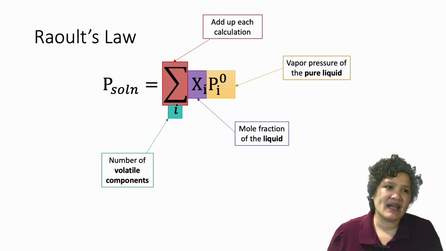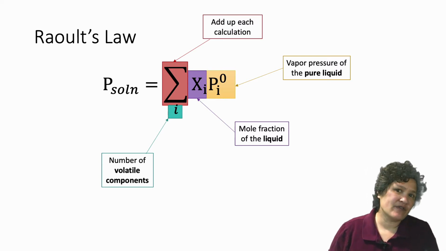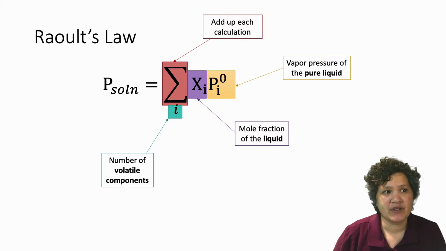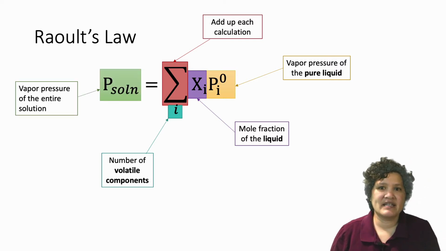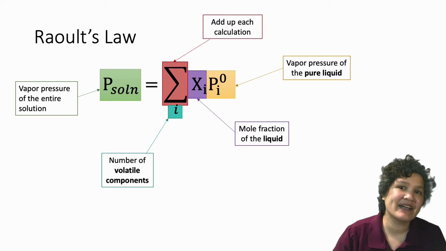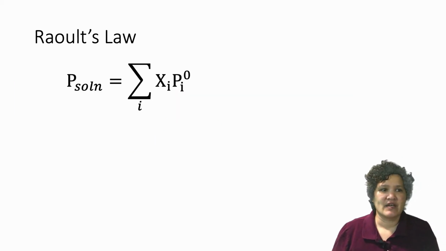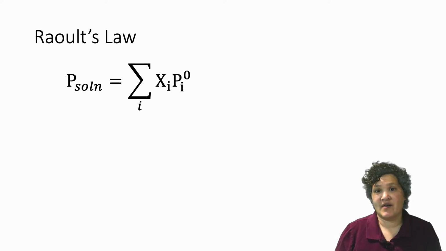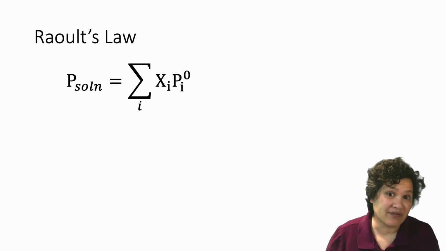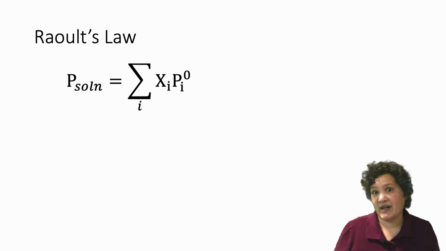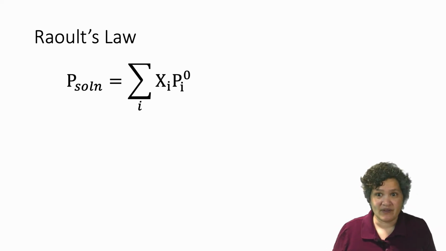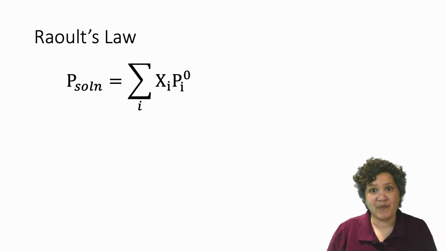So if you do those calculations for every volatile liquid and you add it up, what you're going to get is the vapor pressure of the entire solution. Again, this is the sum of any number of volatile things. We could have 10 or 20 different liquids at a time that are all mixed together.